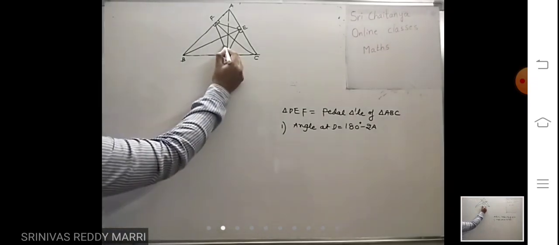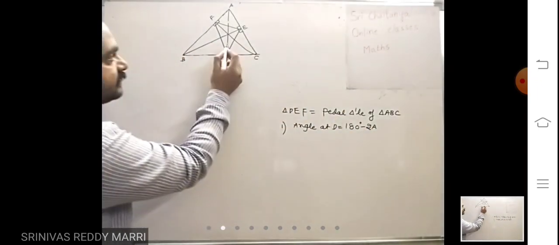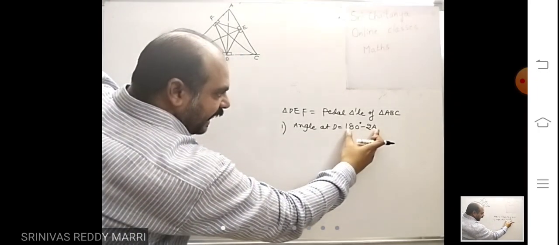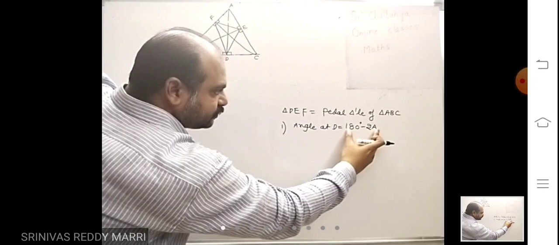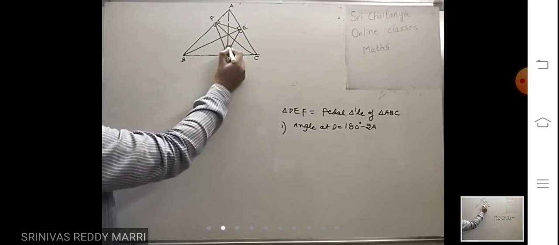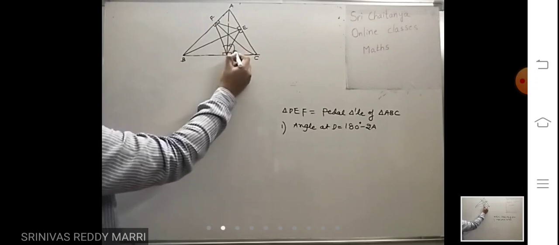Angle at D means this one. Angle at D, look at here, this is 180 minus 2A. This is what I am discussing. So remember, angle at D is 180 minus 2A. Now there are half angles, this angle and this angle.